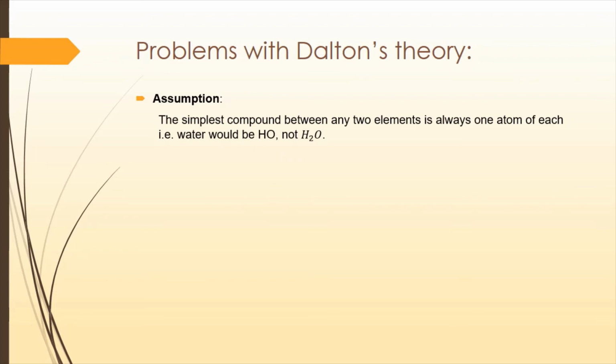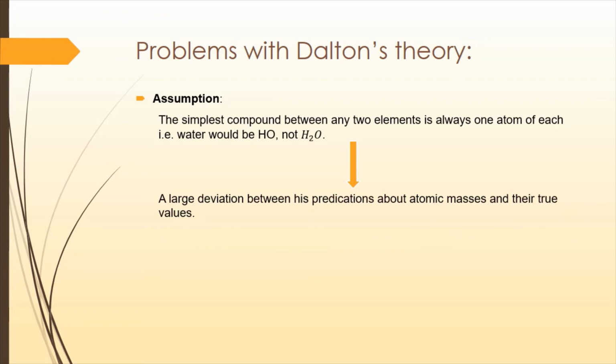According to him, as water is the simplest compound of hydrogen and oxygen, it must contain one atom of hydrogen and one atom of oxygen. That is, its formula must be HO, not H2O. This assumption led his predictions to be incorrect, and his predictions were far away from the true values of atomic masses.